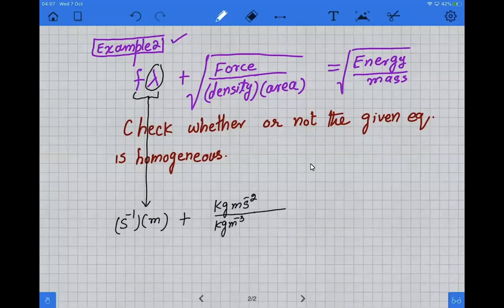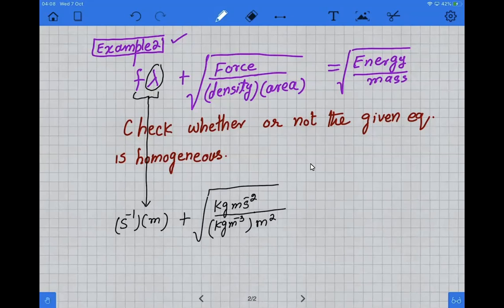Per meter cube is not a good idea. Writing it as meter power minus 3 is better because you should not write a fraction in fraction. So when you have fractions, avoid writing numerator and denominators with fractions. Calculation becomes complicated.